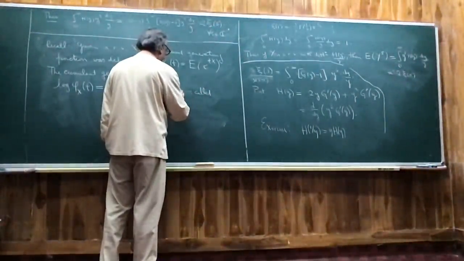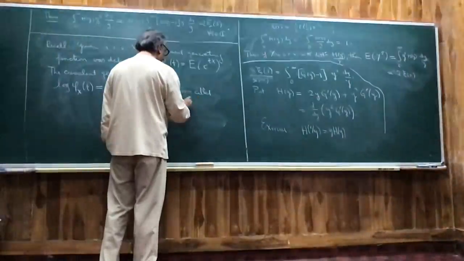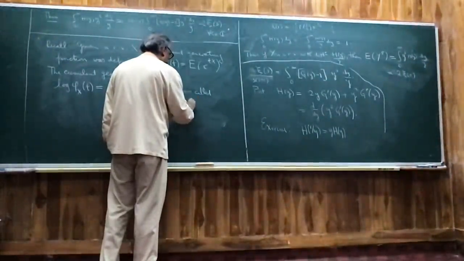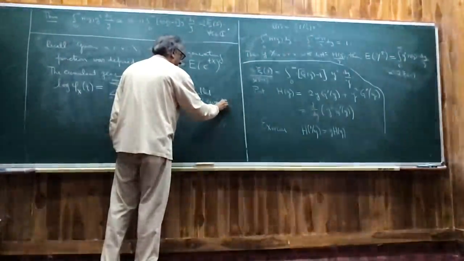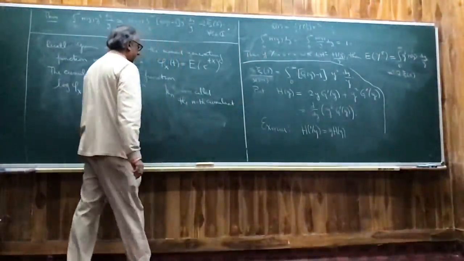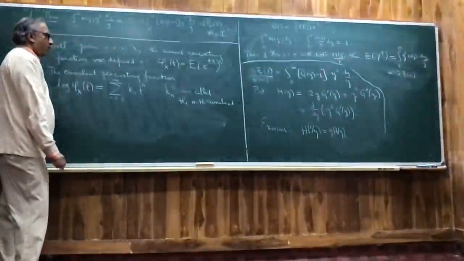The kappa n is called the nth cumulant. Okay, so that's the definition of the cumulant generating function.